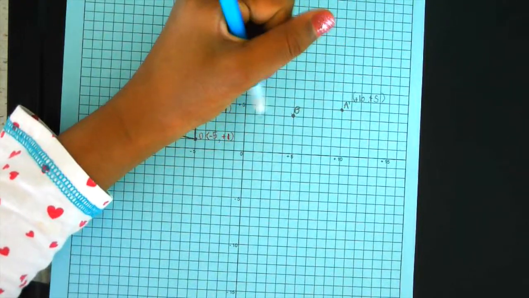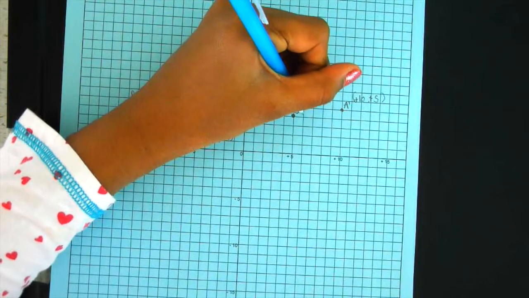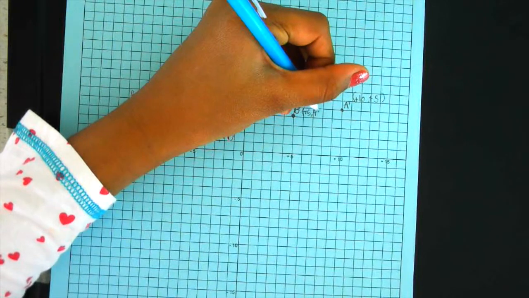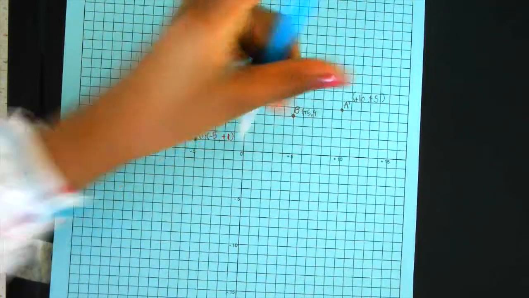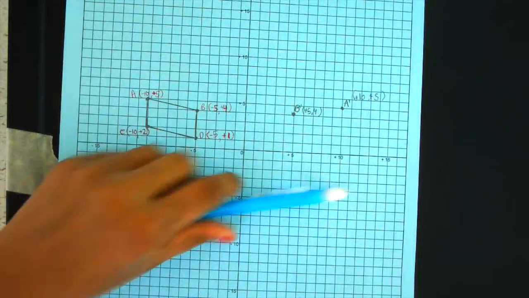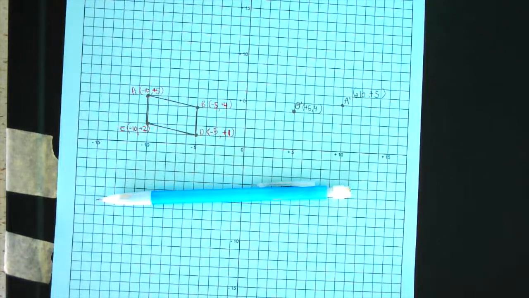Okay. Could you label it too? Perfect. We're at positive 5 and positive 4.